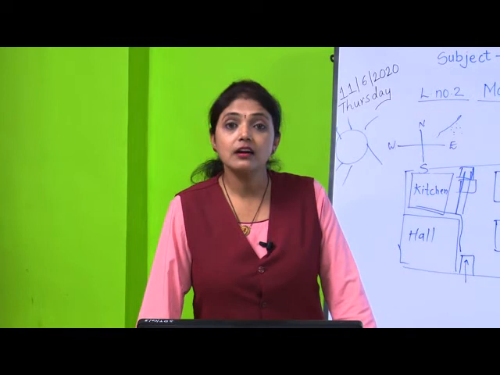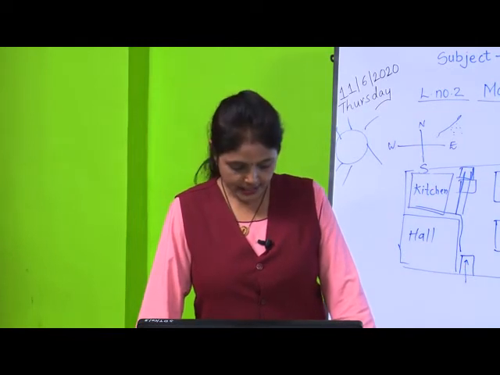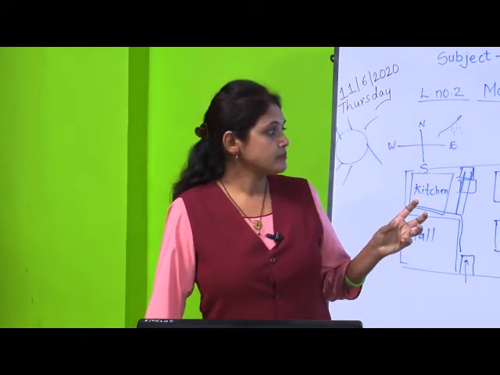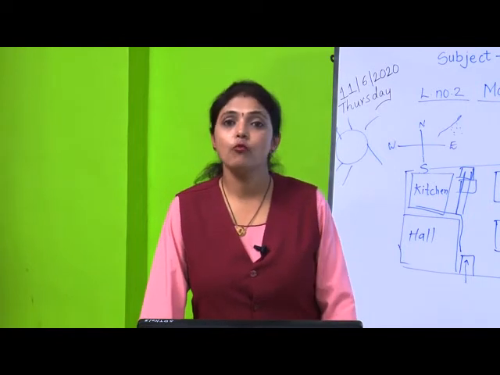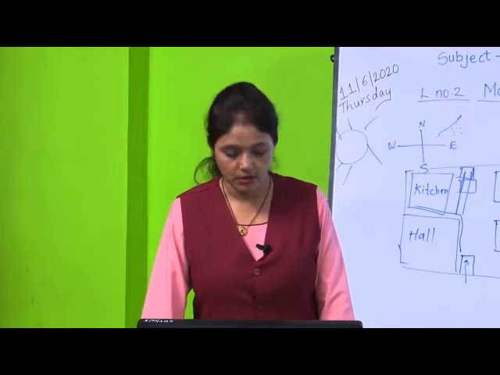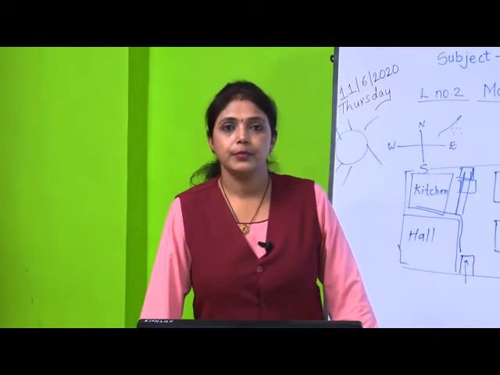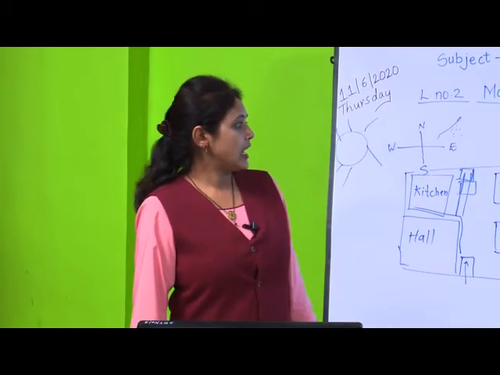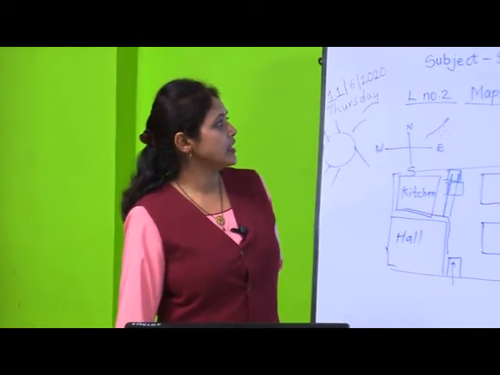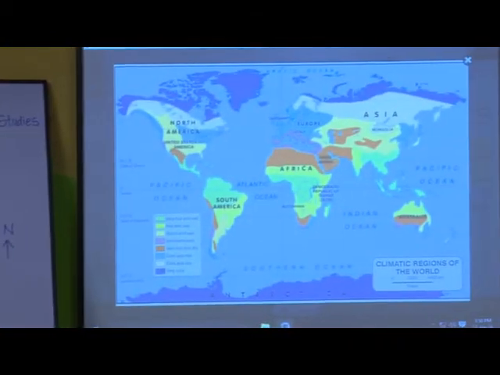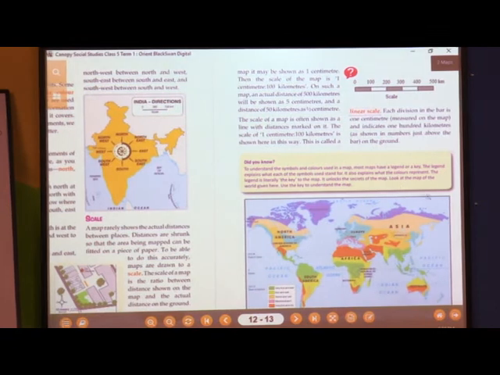So these are the colors that indicate what exactly is located on the earth. Okay. Now comes the symbols. What are the symbols? In this picture they haven't shown any symbols, but I will show one.